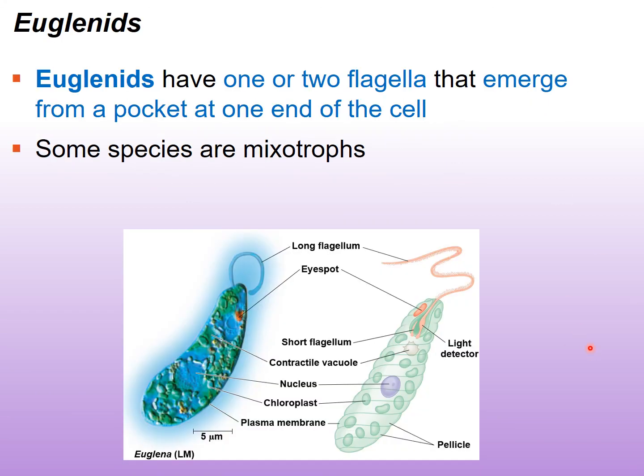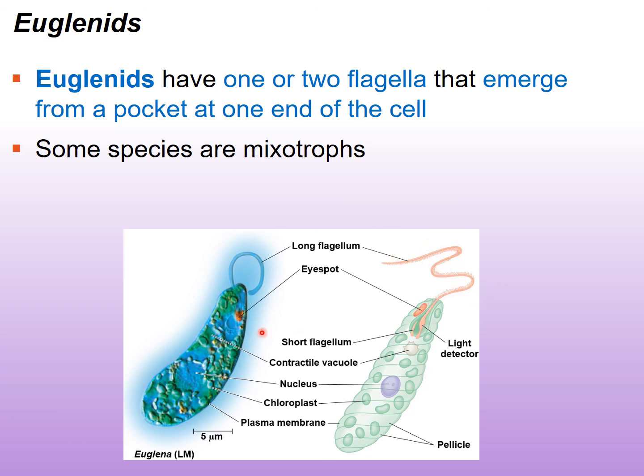Euglenids, they have one or two flagella that emerge from a pocket just at one side of the cell. So here we can see one flagellum. Now, often Euglena have two flagella, but one of them's not really obviously visible. Here we have a short flagellum and a long, hairy flagellum in the Euglena.